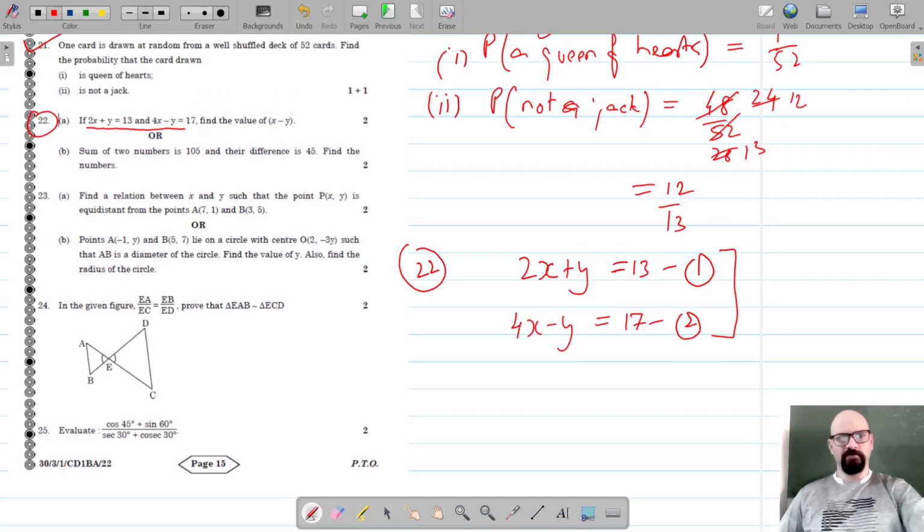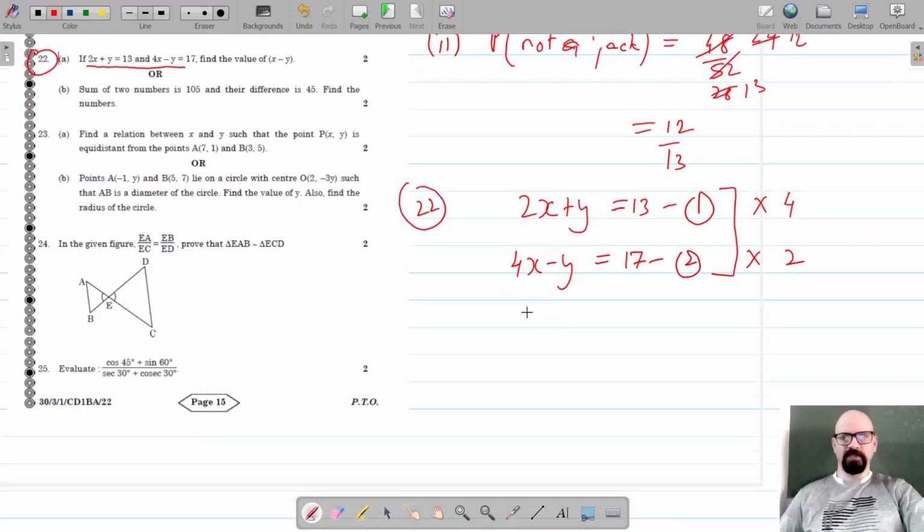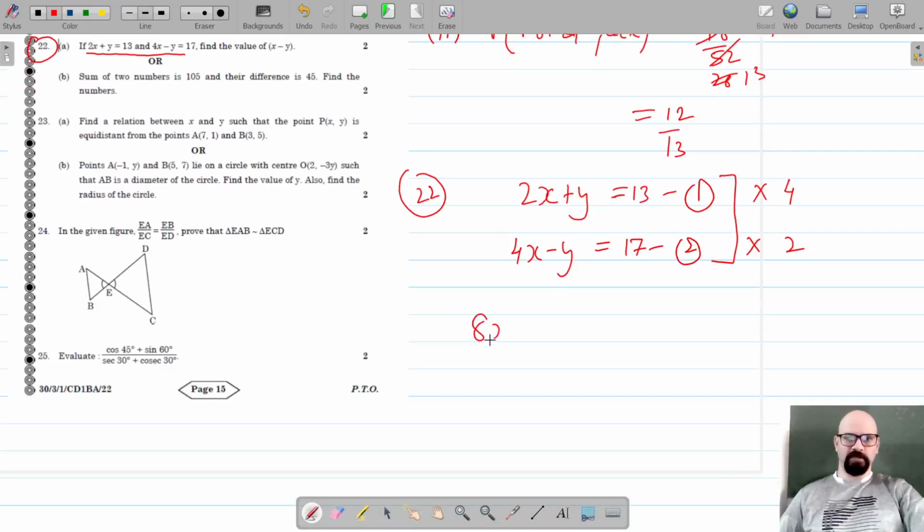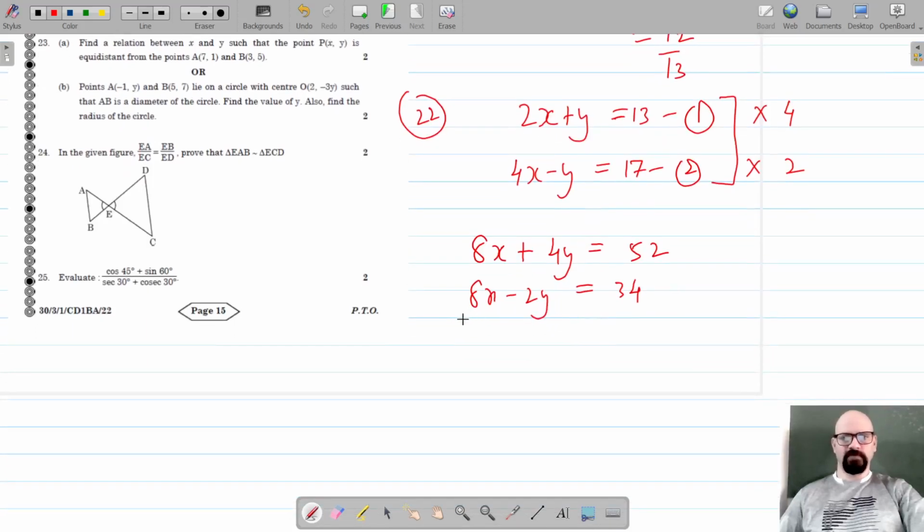So to find the value of x minus y, let's find out x and y first. So I'm going to multiply the first equation with 4 and the second equation with 2. So this is 8x plus 4y is equal to 52. And this is 8x minus 2y is equal to 34.